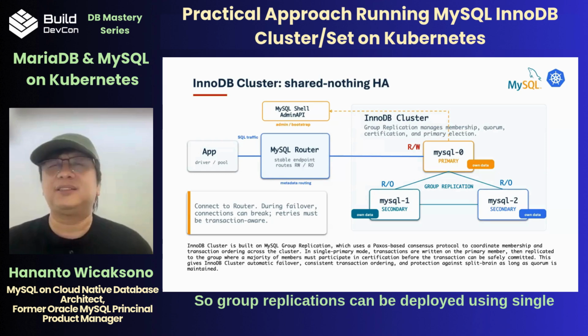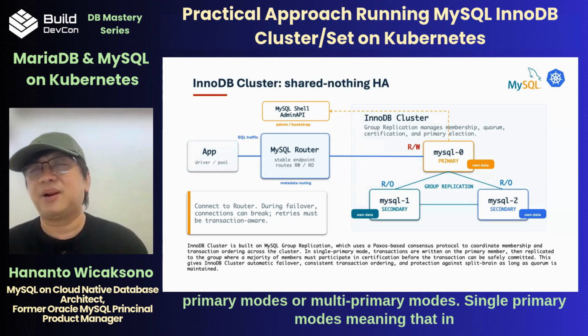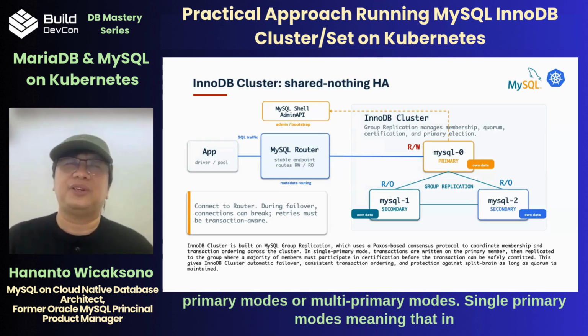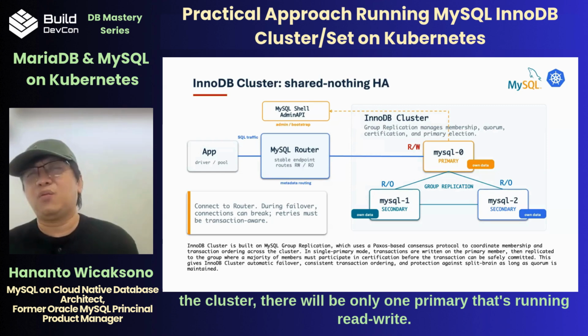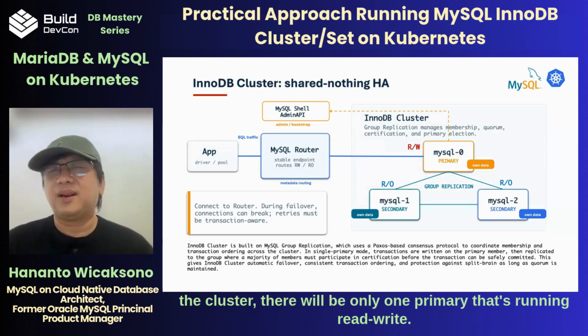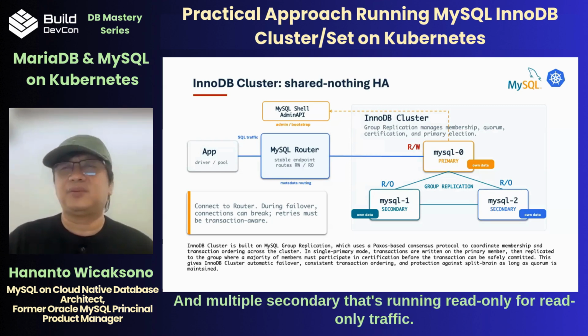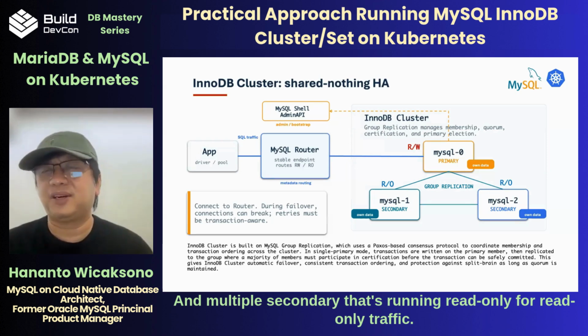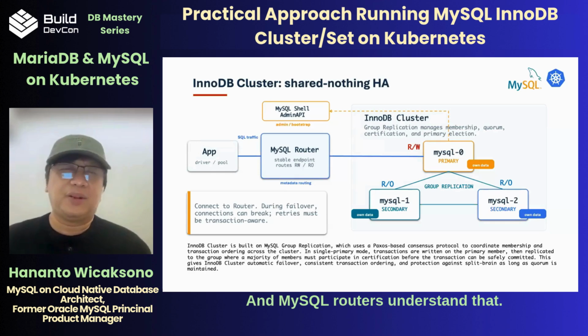Group replication can be deployed using single primary mode or multi-primary mode. Single primary mode means that in the cluster there will be only one primary running read-write and multiple secondaries running read-only for read-only traffic. And MySQL Router understands that.